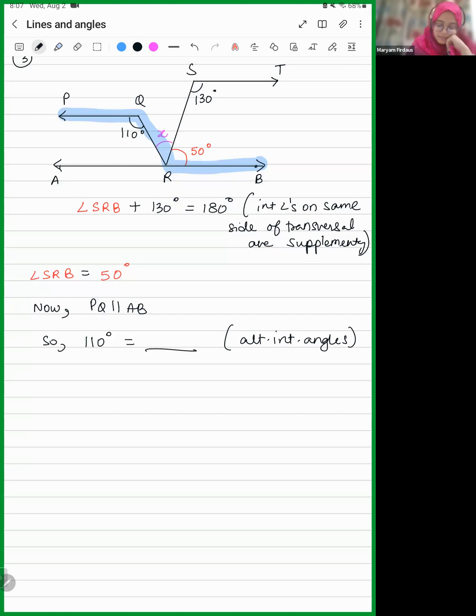Yes, Avni, you were saying something. Ma'am, can you repeat again? I couldn't hear you. 110 degrees is equal to what? Alternate interior angles. 110 degrees, and which angle is alternate interior to it?